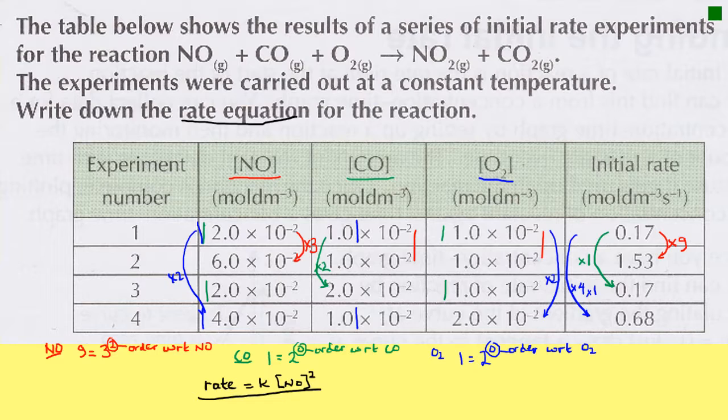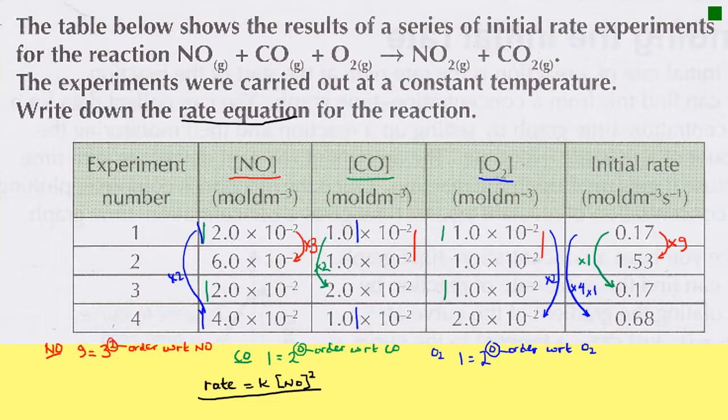So if nitrogen monoxide was the only thing affecting the rate, it would increase from 0.17 to 4 times 0.17, which is in fact 0.68. So all of the increase in initial reaction rate is down to nitrogen monoxide.